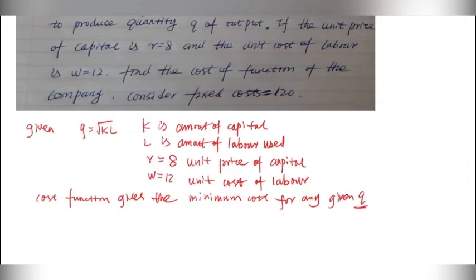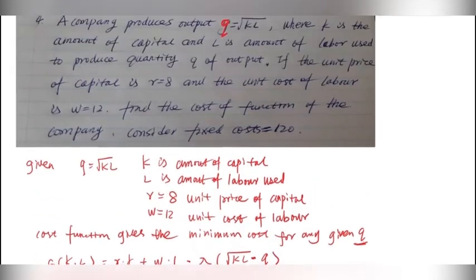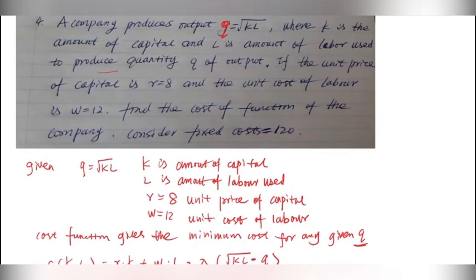So the G of K, L is equal to R, the unit price of capital, times K, where K is the amount of capital, plus W times L, minus lambda times the square root of KL minus Q. This Q is the produced quantity, the output.